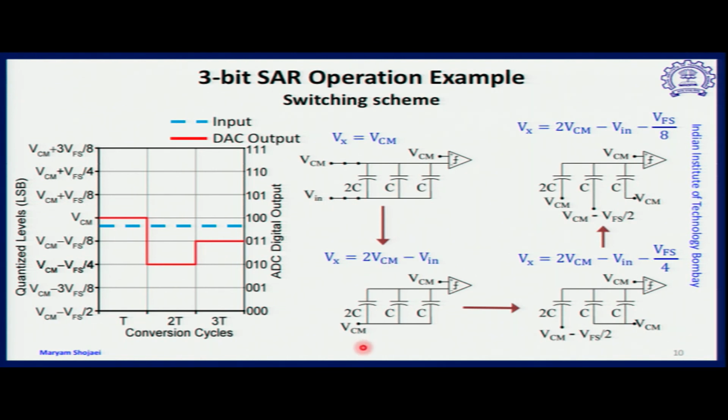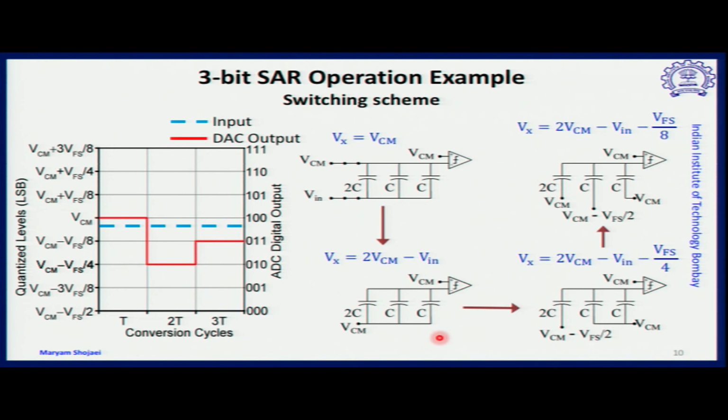In the next step, we are initializing Vx, which was shown in the previous slide, which is the top plate value, to 2 VCM minus Vin. This is a summary of the switchings which happened in the previous slides.